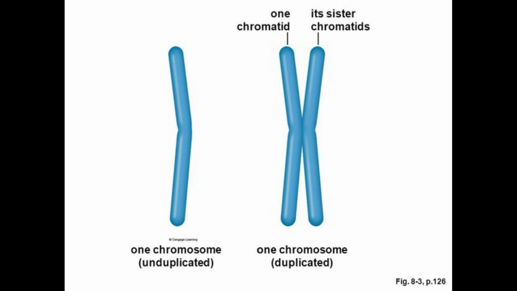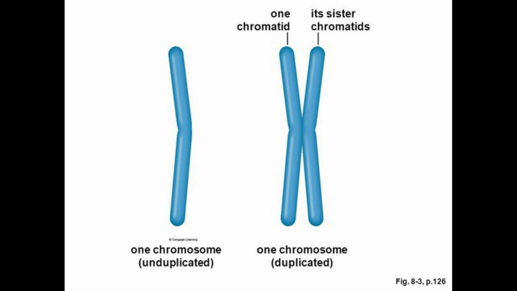Here you can see in these figures, the first one is also a chromosome, but the only difference is that it does not have a duplicated copy, but the second one has a duplicated copy attached to itself. So these are two sister chromatids of the same chromosome.